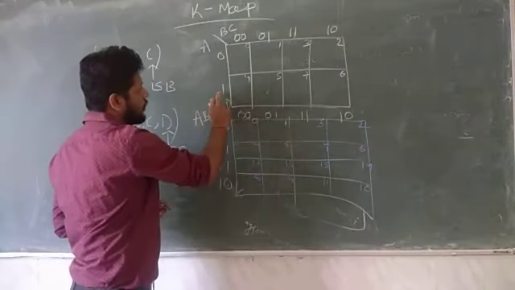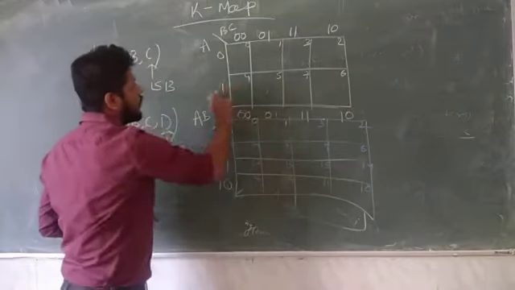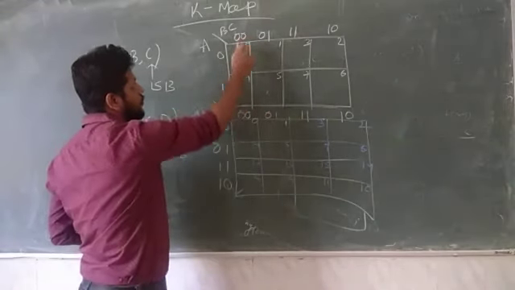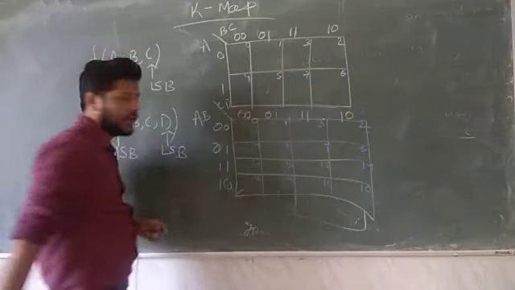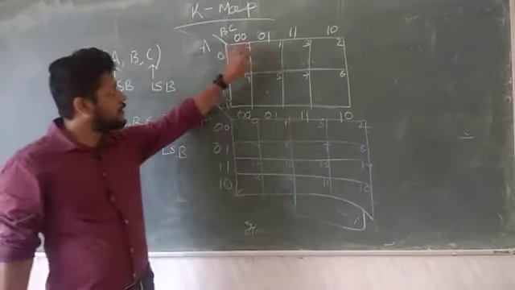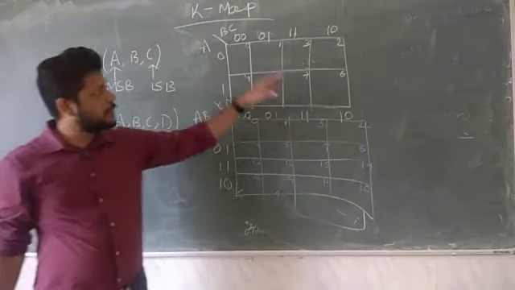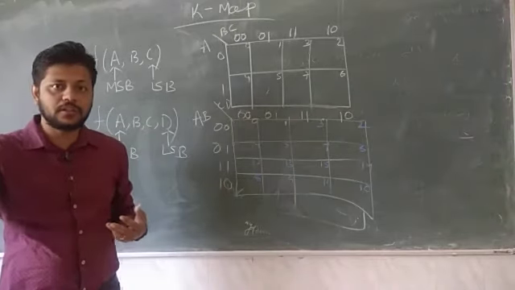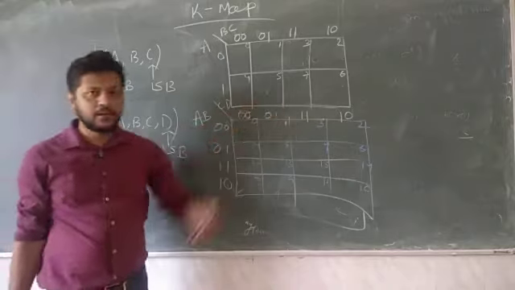Then 1 1 0, that's why this cell number is 6. 1 0 0 is cell number 4. 0 0 0 is cell number 0. 0 0 1 is cell number 1. So the total number of cells depends on the number of variables. For 3 variables, 2 to the power 3, that's why we have 8 cells from 0 to 7.